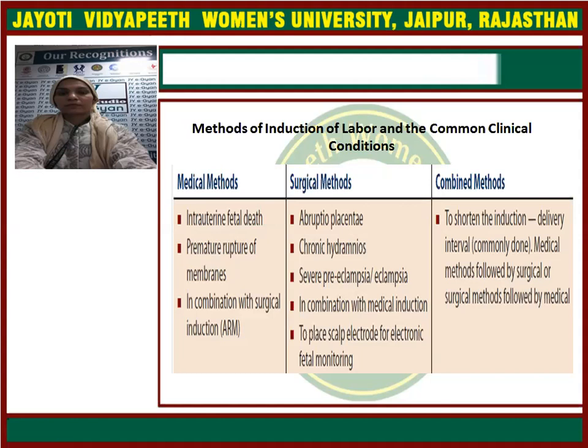Prostaglandin E2 has a collagenolytic property, as we have already seen; it will dissolve the cervical tissue so that it gets ripened, and it will make the cervix favorable for labor.